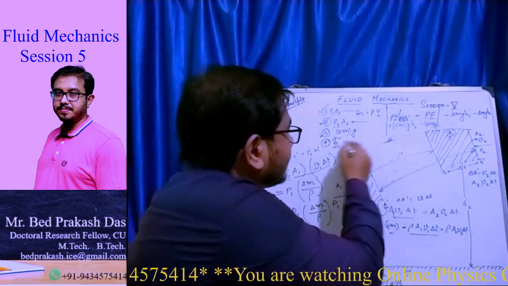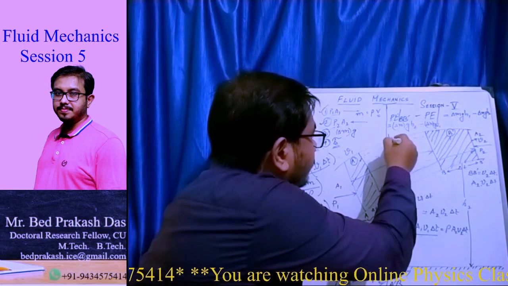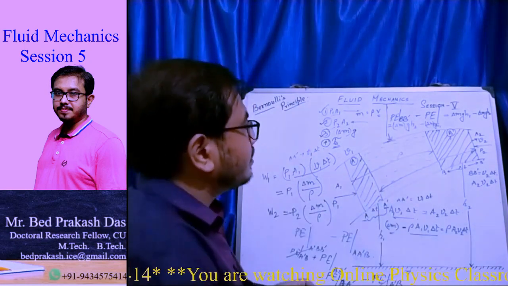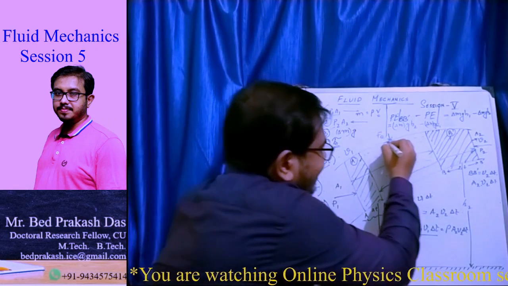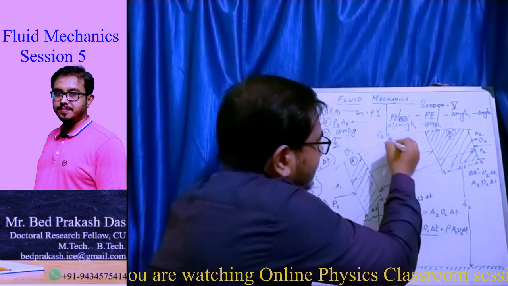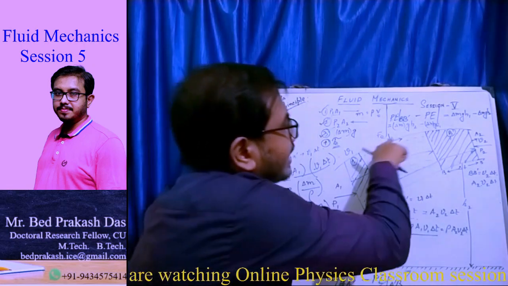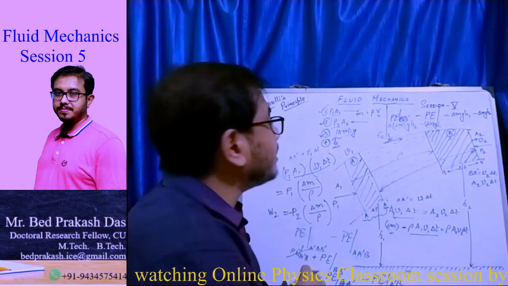The work done by the contact force acting over here. From the direction of this contact force, it is quite clear that it is exactly perpendicular to the direction of the flow of the liquid.